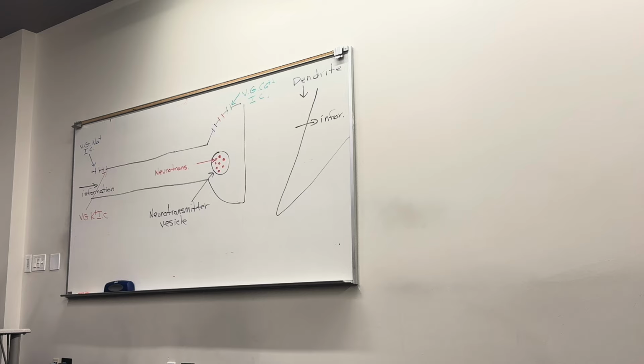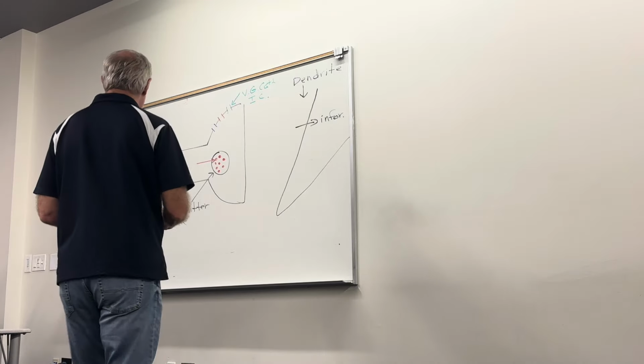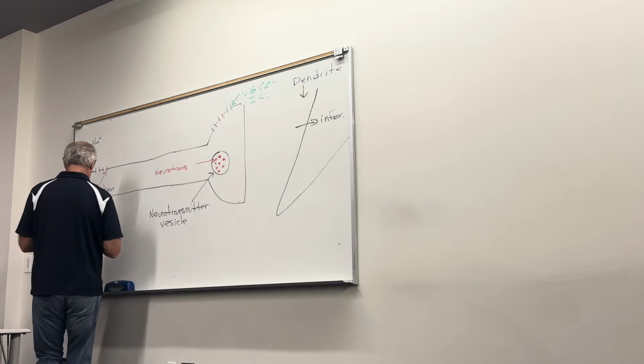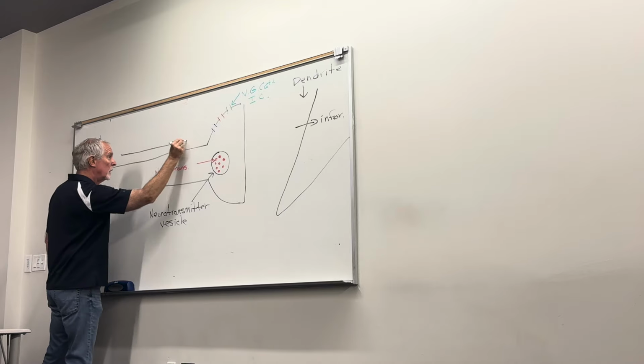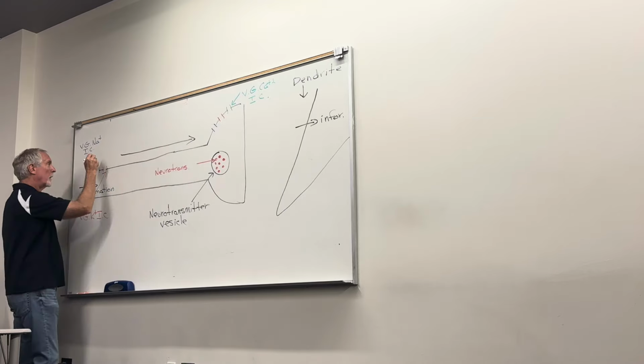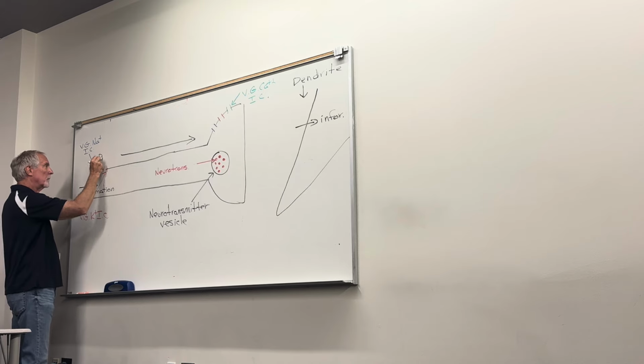Say louder. Propagation. The propagation of the action potential, the renewal of the action potential. So here I'm just going to put an arrow. Here I'm just going to put propagation.